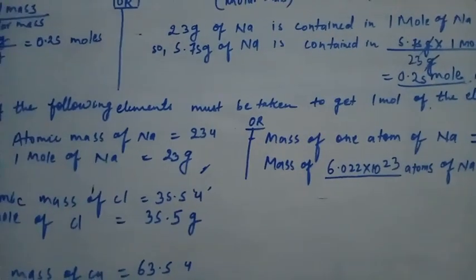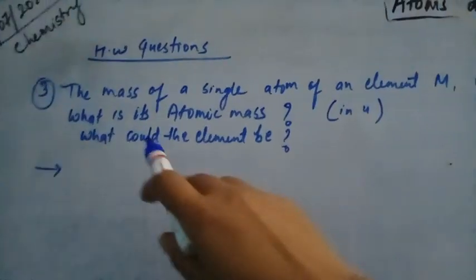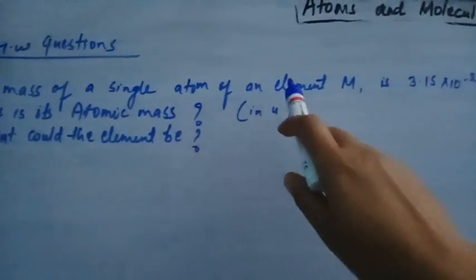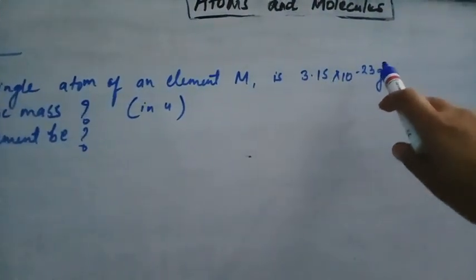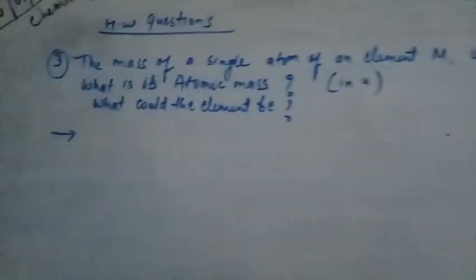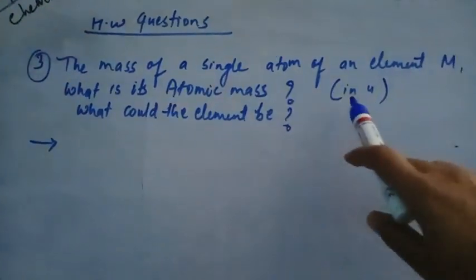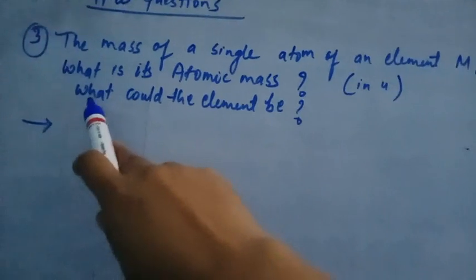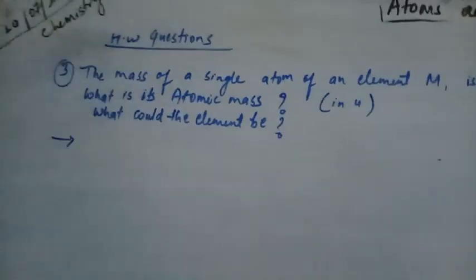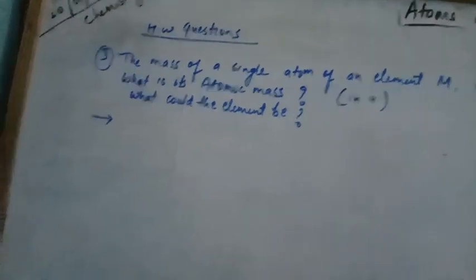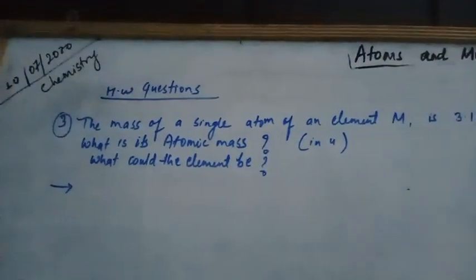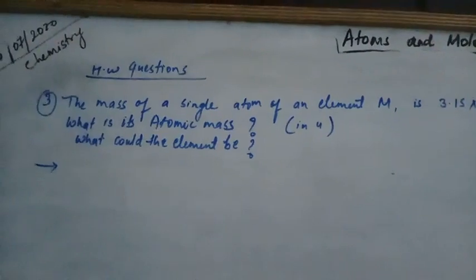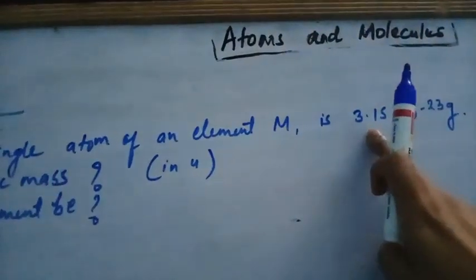Okay, the next question is: the mass of a single atom of an element M is 3.15 into 10 to the power minus 23 gram. What is its atomic mass, that is in U, and what could the element be? So what is given here? The mass of a single atom of element M is given in gram.